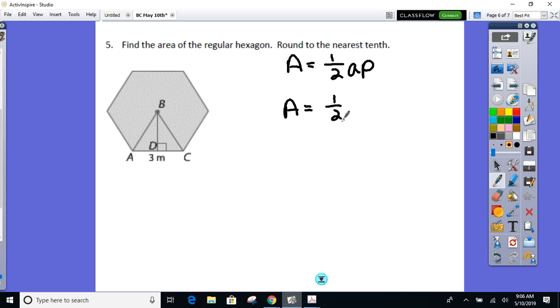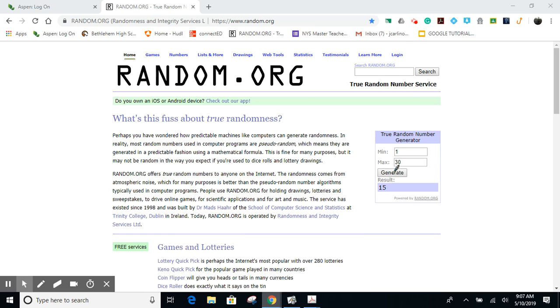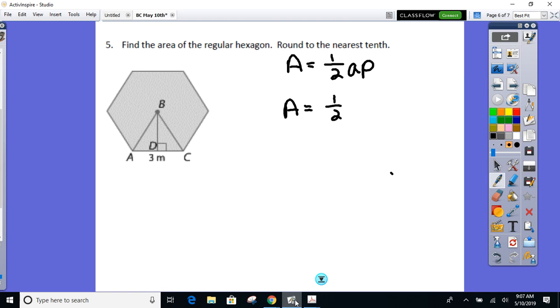Perimeter should be pretty easy to find here because I gave you one side was 3. Perimeter 18, 3 times 6. Okay, now ready for the apothem now. Well, what's happening to AC here? It's getting bisected, so now I put the 1.5 on.